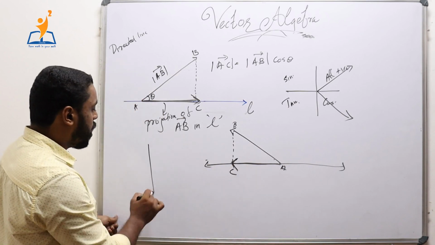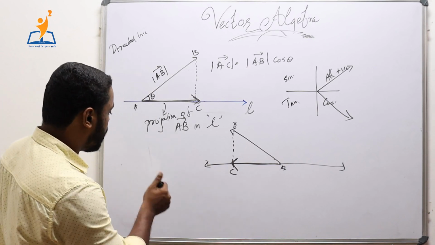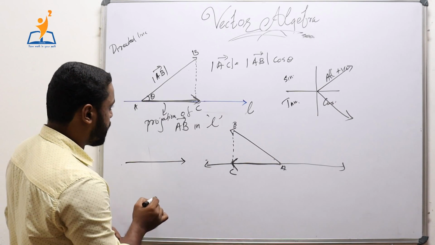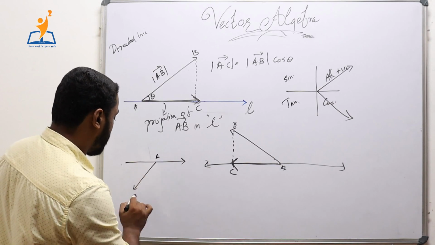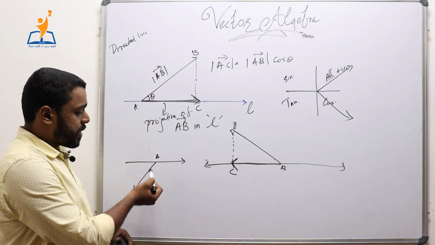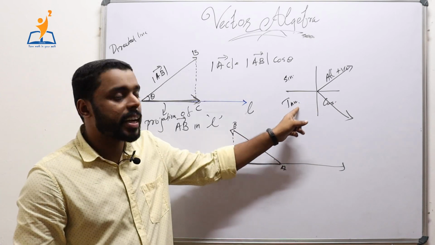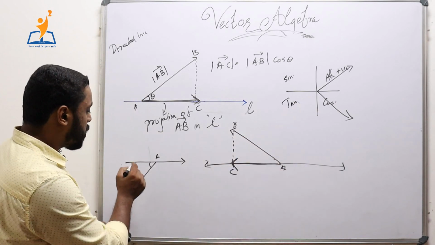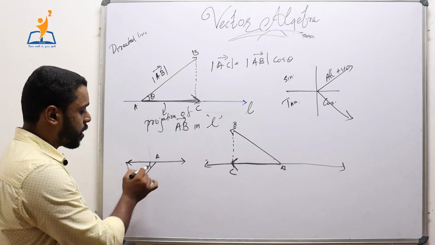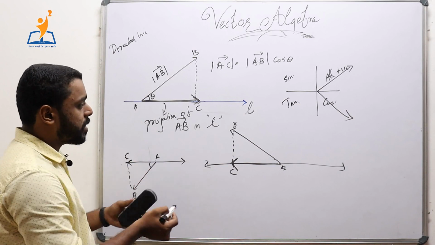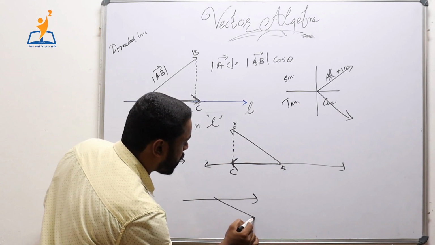Similarly, suppose that this is my directed line segment and the vector AB lies like this, and this is theta. Clearly cos theta is negative in the third quadrant, so the direction of the projection is from here to here, A to C. And suppose that it is my directed line segment and I got a vector like this.